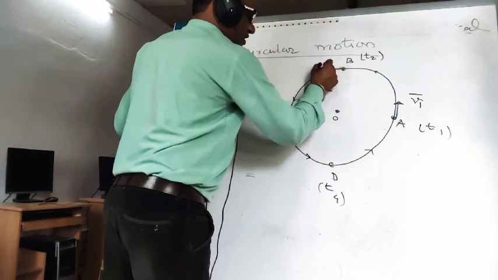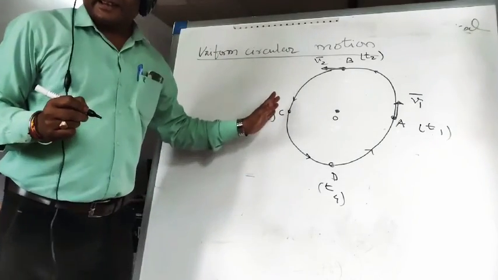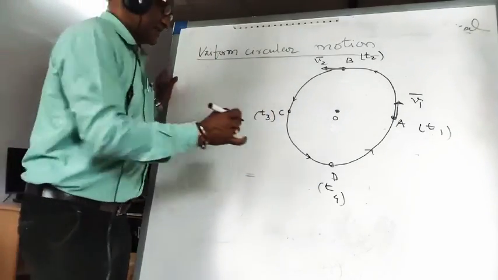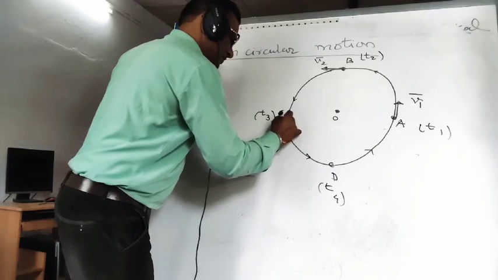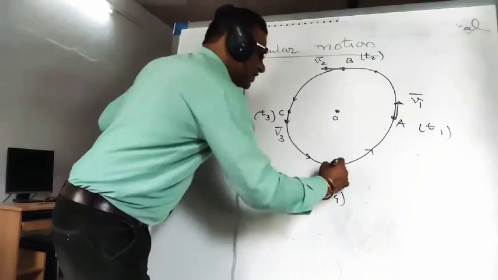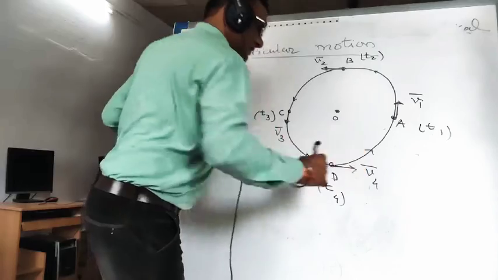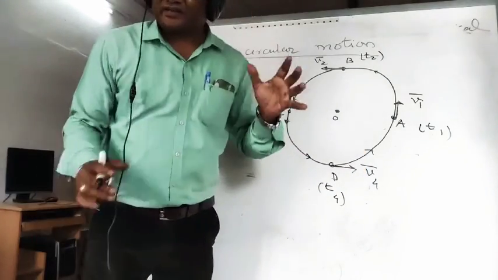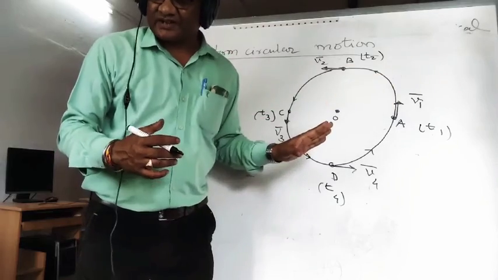It is represented by V2 with a bar over it. These are velocity vectors. The direction of velocity at point C is represented by vector V3 bar. The direction of velocity at this point is represented by vector V4 bar. Velocity is represented with a bar over it, which means it is a vector quantity.